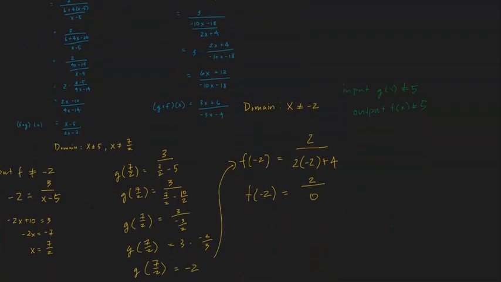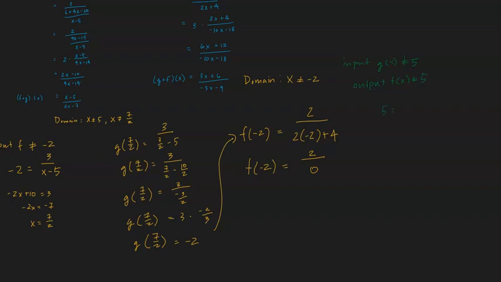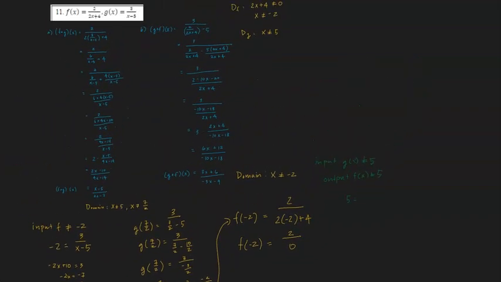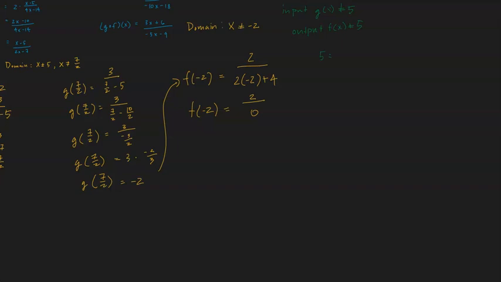So if I take that f of x, 5 equals 2 over 2x plus 4, and if you left an answer like that, unsimplified, that's wrong. Okay, I'm just letting you know. It should be 1 over x plus 2. But anyways, 10x plus 20 equals 2.